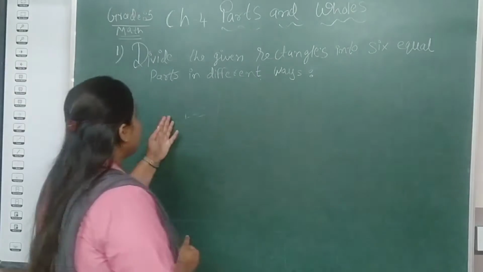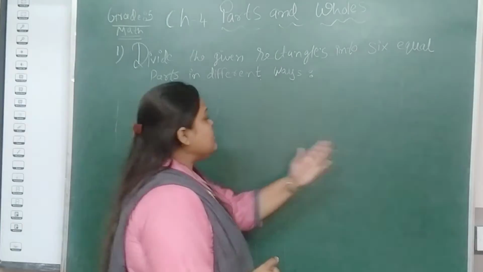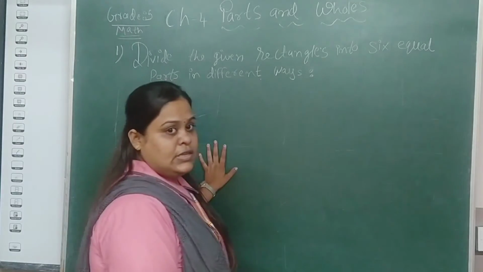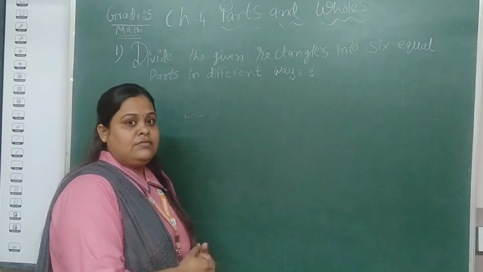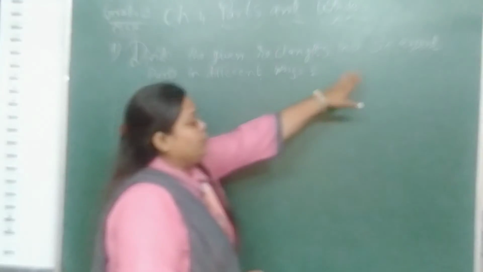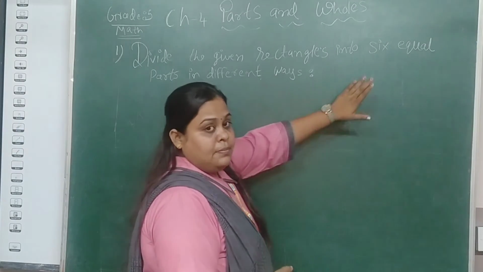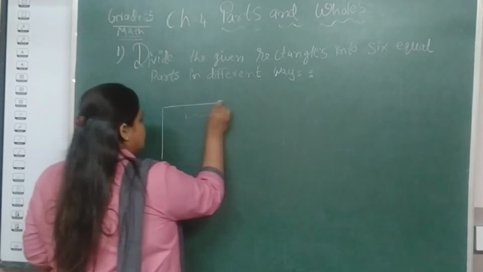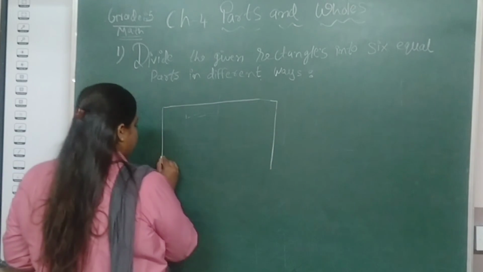So question 1: divide the given rectangle into 6 equal parts in different ways. Different rectangles are given and we are supposed to make 6 equal parts. Now the first one is a rectangle.